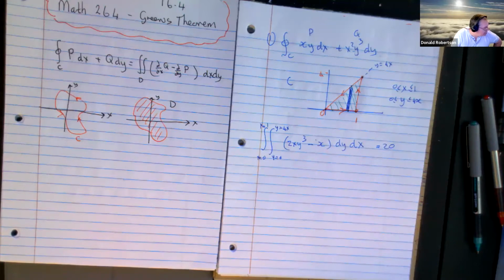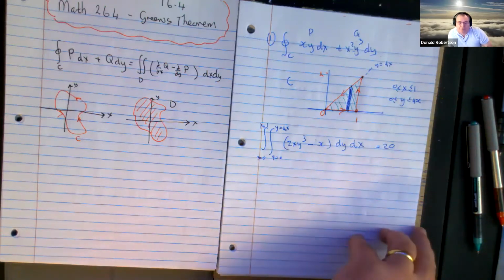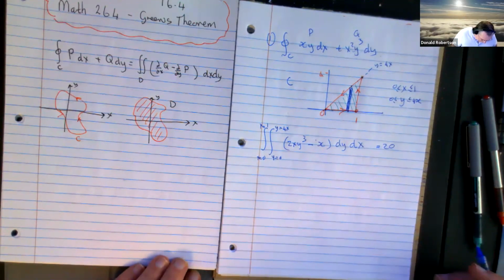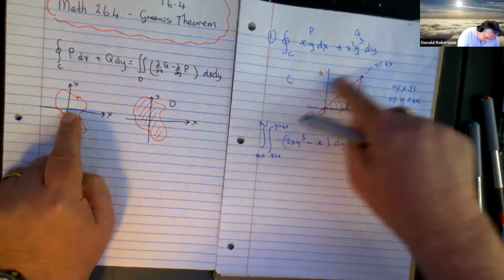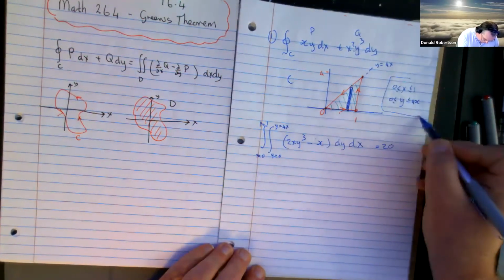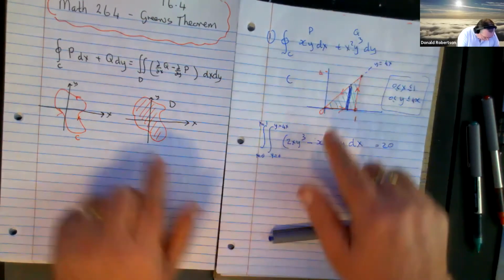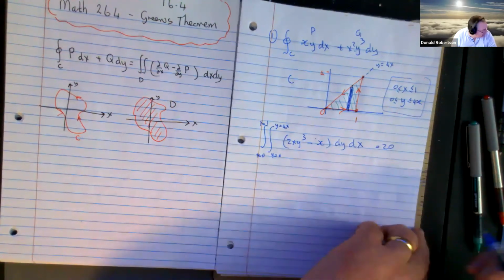Can you just trust me that Green's theorem works and you don't need to do a second method to convince yourself that it works? Are we good? Right, so what are the main features? Draw the region so you know what D looks like. Set up limits of integration. Do the calculation, dy dx, and you're good to go.